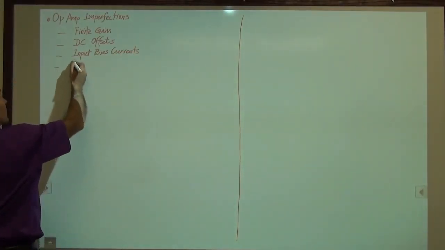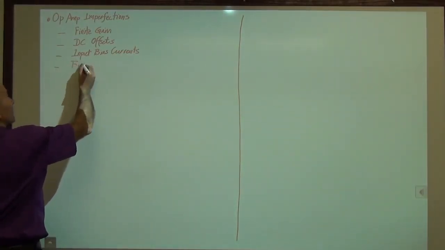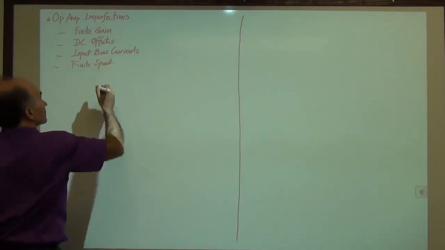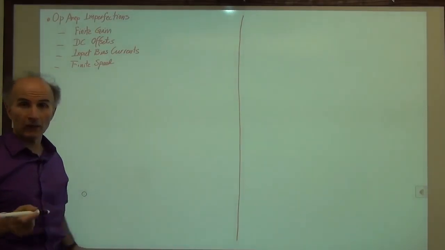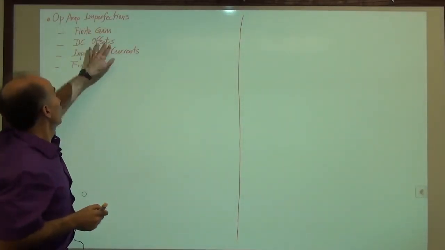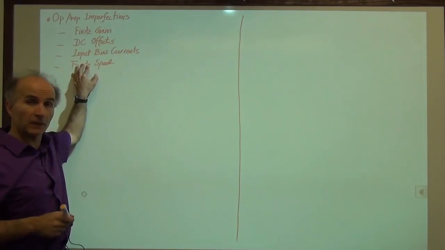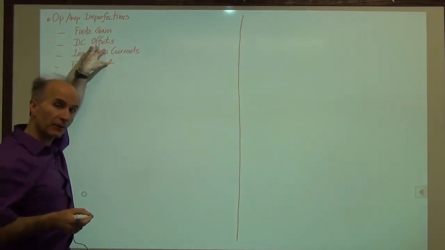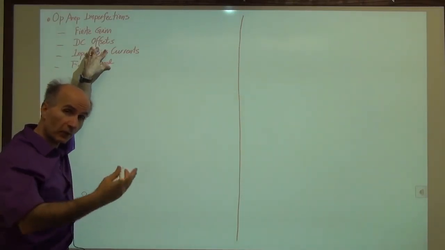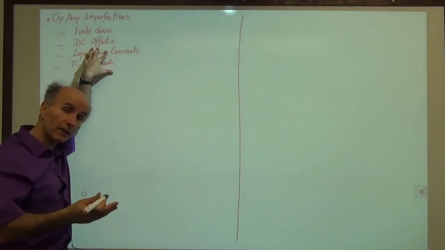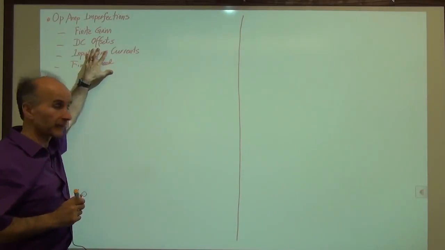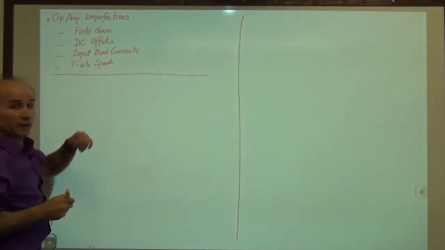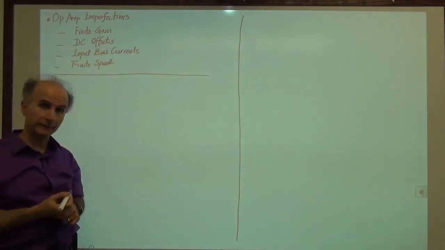And the last one is finite speed. An ideal op-amp would have infinite gain, no offset, no bias current, and infinite speed, but a real op-amp doesn't. So we have to understand how these imperfections influence the performance or even the functionality of the circuit that we're trying to build. So we'll start with the DC offsets and see what they mean and how they affect things.